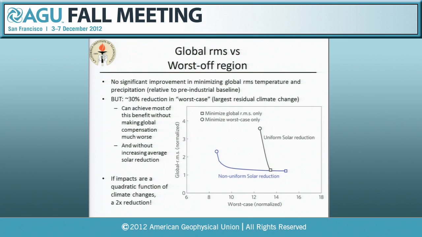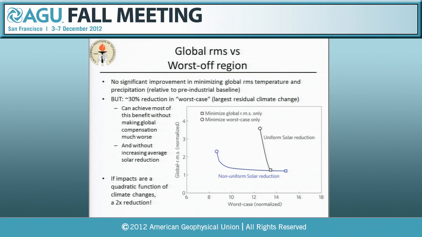So, for example, you might do a really good job in the globe as a whole, but somewhere on the planet gets screwed. If you only have 1 degree of freedom, there's only a limit to what you can do. In this particular model, as you increase the solar reduction, you make both of these metrics better. You get to some minimum in the global RMS, and in this model, if you keep increasing the solar reduction, you get a slight improvement in the worst case.